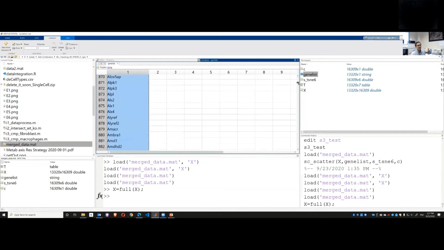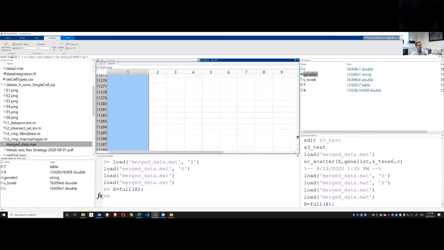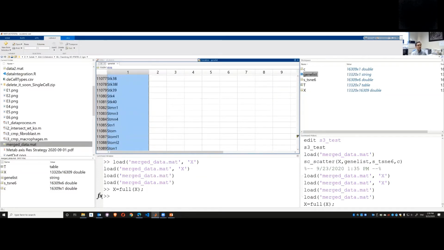If I move down, you can see the gene names, AMZ1, AMZ2. So we have over 13,000 of them, with all the genes' expression levels.